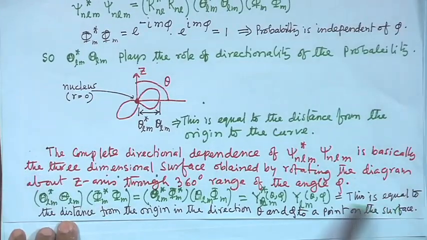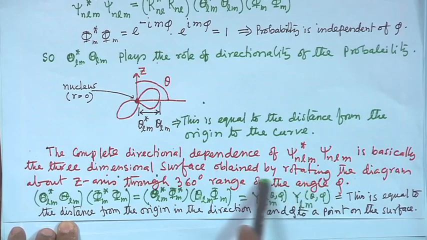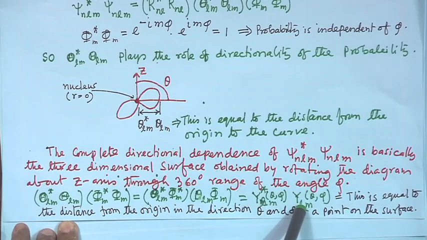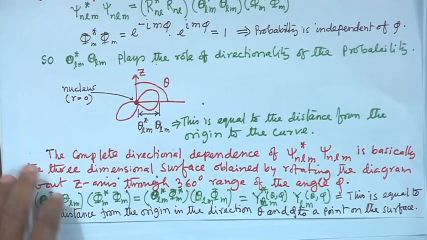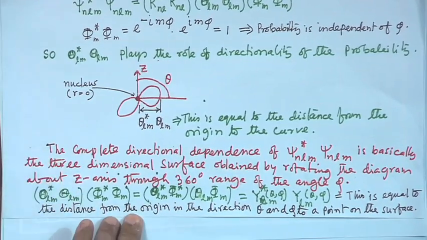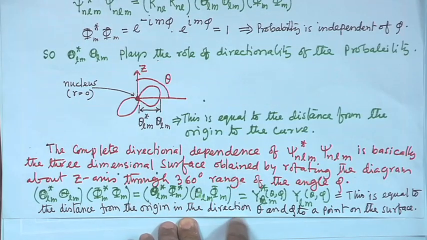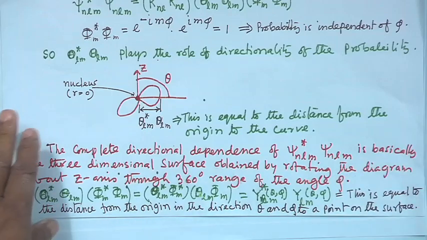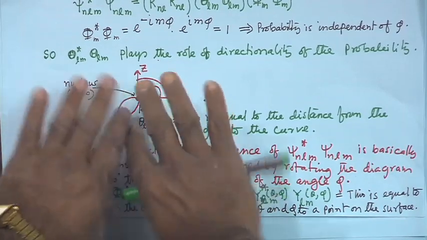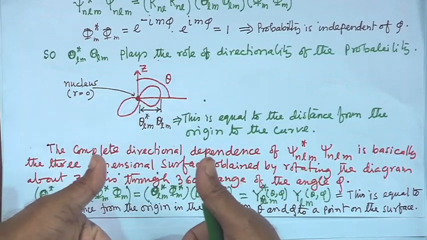Y star Y tells us the probability from the origin in the direction of theta and phi, up to the point on the surface obtained after rotation by 360 degree.